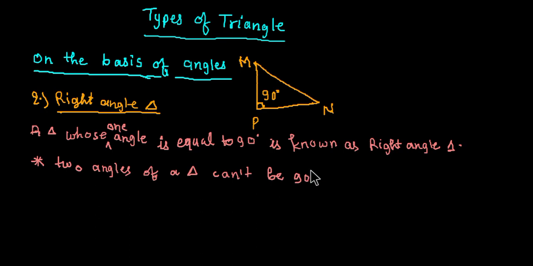Only one angle can be 90 degrees and the other two angles will always be less than 90 degrees. The other two angles of the triangle will always be less than 90 degrees if one angle is 90 degrees.